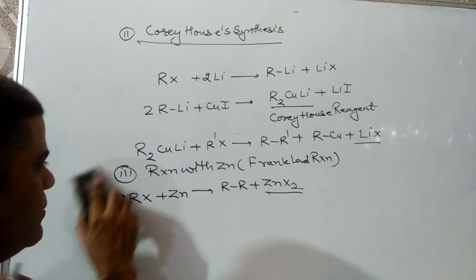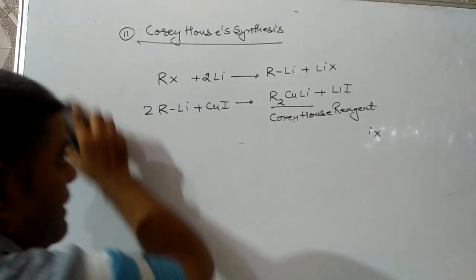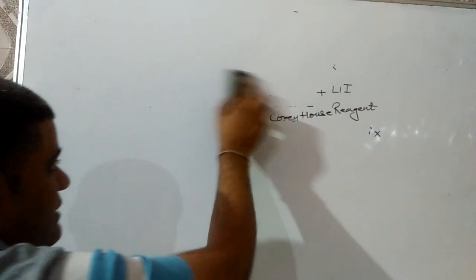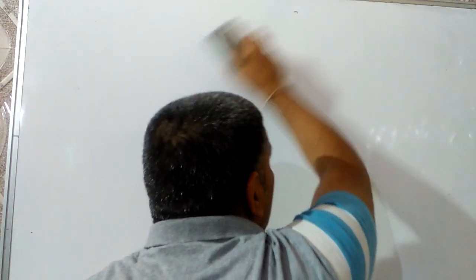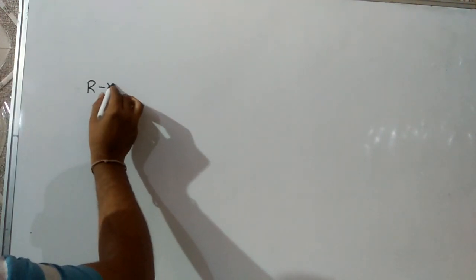A few conversions I will do, and that topic is going to be repeated in each and every chapter. That's why I am saying, if you learn carefully about the haloalkane and haloarene, then you need not study the other chapters so carefully. So I am requesting you all to be attentive and study this chapter carefully. So here we have to discuss the reaction with magnesium metal.